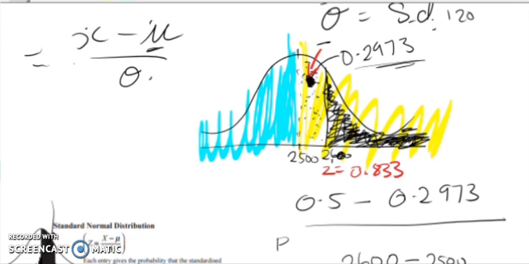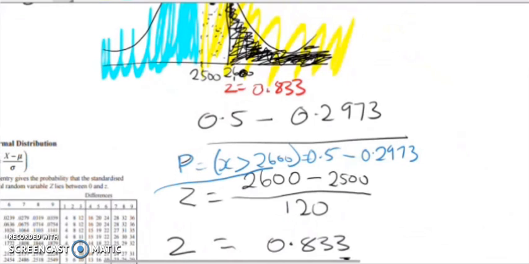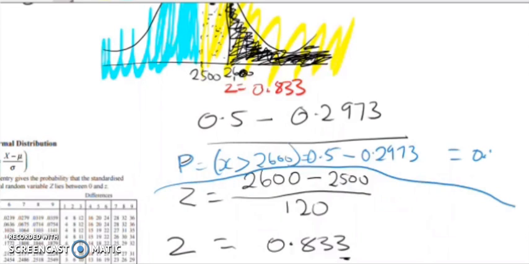So the probability that x is greater than 2,600 is equal to 0.5 minus that piece in there that we made speckled, 0.2973, giving us a final answer. This is equal to 0.2027.